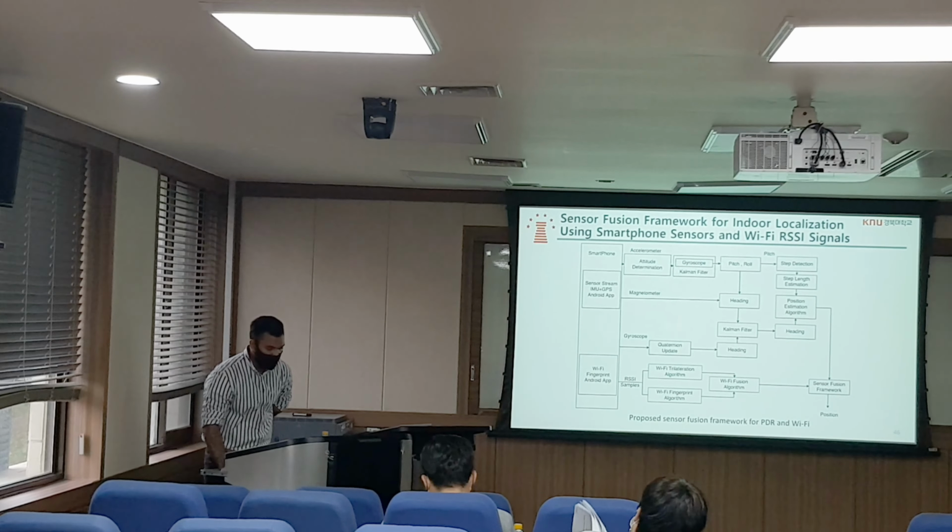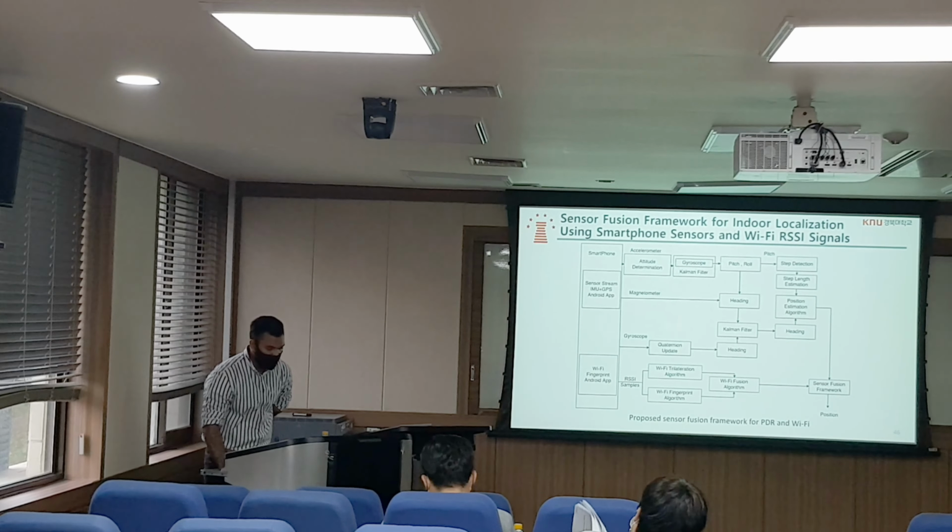We also use the same experiment scenarios, rectangular motion and straight line motion, and did a comparison of the proposed sensor fusion framework with some conventional approaches. Here is the estimated average localization error for both scenarios, and also the probability distribution of localization error, summarizing our proposed sensor fusion framework analysis as compared to other approaches.